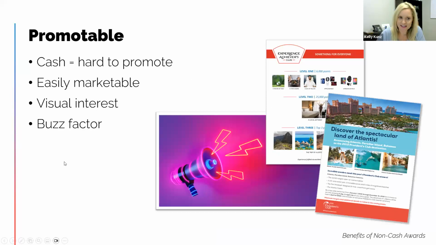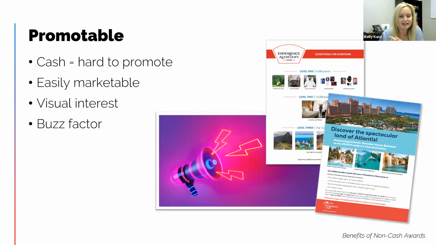And last but certainly not least, non-cash awards are easily promotable, or at least much easier to promote than cash. Like Stephen said, you can't post a picture of cash on Instagram. You can, but probably shouldn't. It's a lot harder to motivate with a picture of cash than it is with something that has daydream value, something to think about. You see these nice graphics on the screen. They catch your attention.